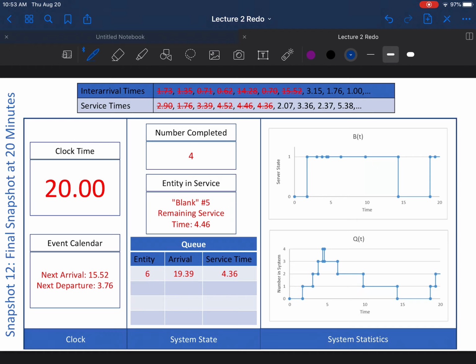The assumption is that there's this infinitely long process going on, and of course, we can't simulate infinitely long, so we usually choose some time horizon that's reasonable for our computational resources. In this case, our computational resources are our hand, so that's even more limiting than a computer. But if you were to push this exercise on, the final snapshot would look like this. Clock time would be 20. These are the rest of the features.